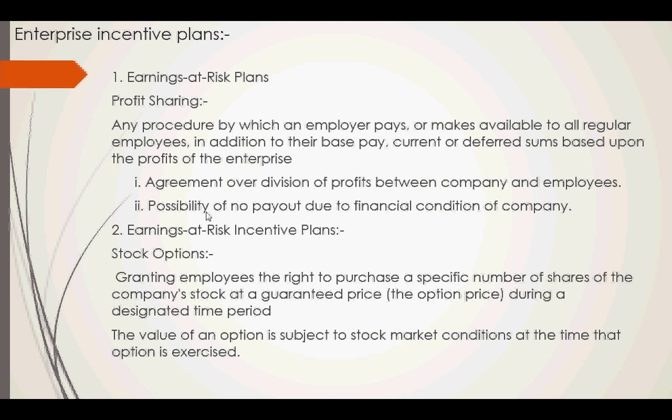Some organizations are going to pay the regular employees certain incentives in the form of profit sharing. How do we implement this? Number one, agreement over the division of profit between the company and the employees.